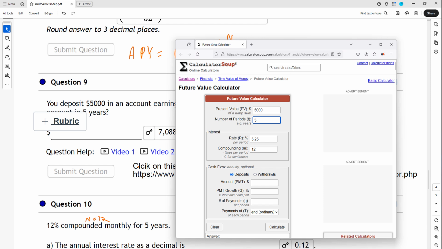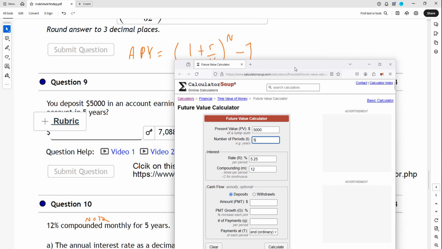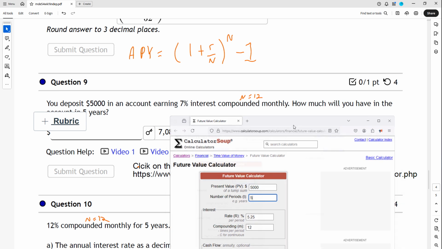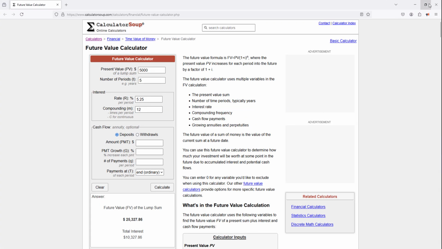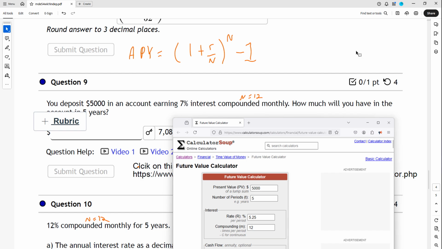The interest rate is 7%. And the compounding periods is 12.